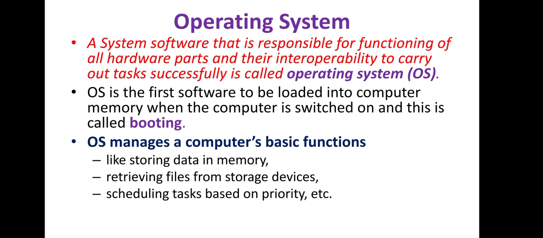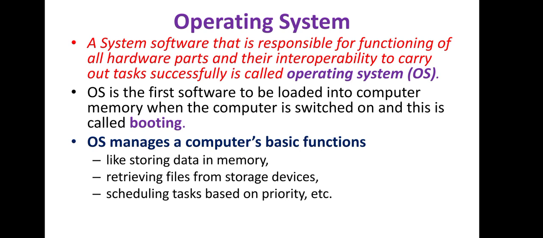The system software has basically three types, I said. One is the operating system, a system software that is responsible for functioning of all hardware parts and their interoperability to carry out tasks successfully. It is responsible for functioning of all the hardware parts connected to the computer, like input devices, output devices, and central processing, all the connected devices.